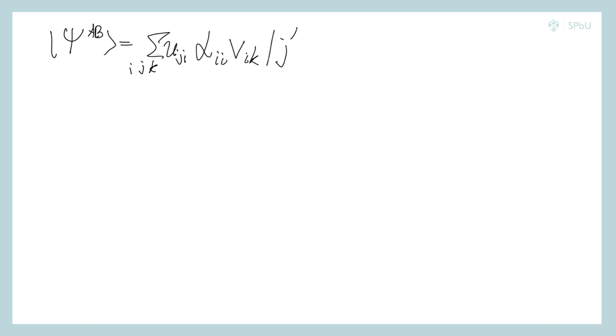Thus psi AB equals the sum over i, g, k of U g i alpha i, since the alpha is diagonal, V i k, and kets g A k B. We can now redefine the bases of A and B in such a way.